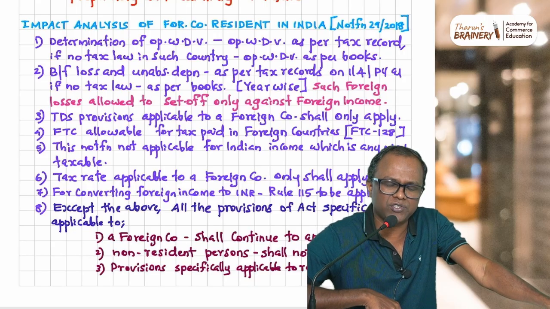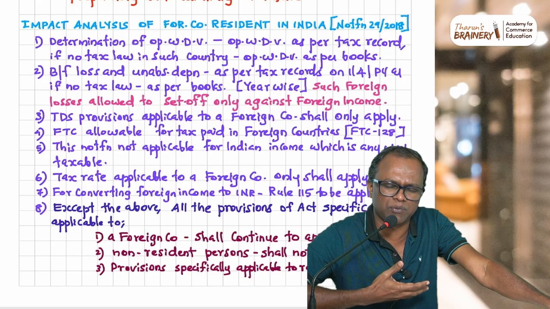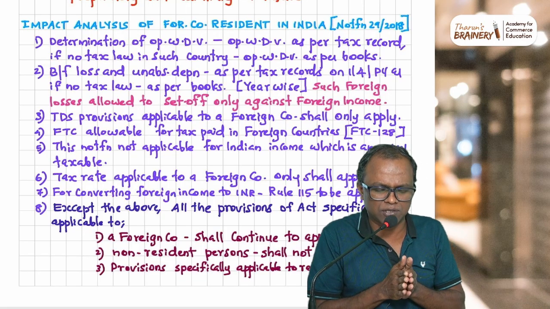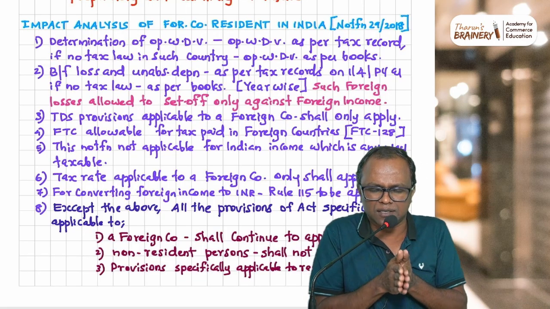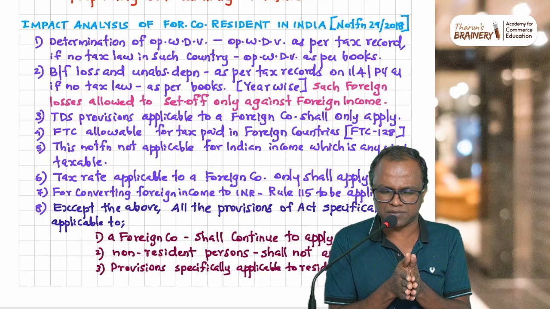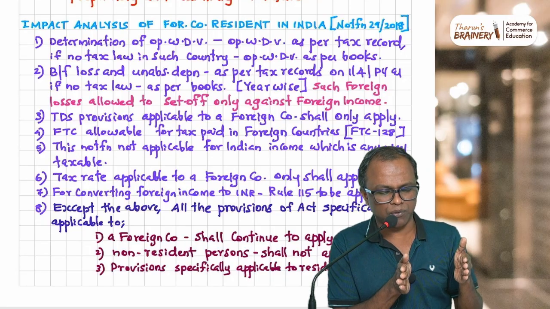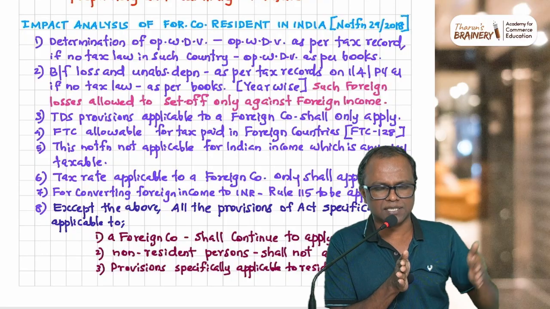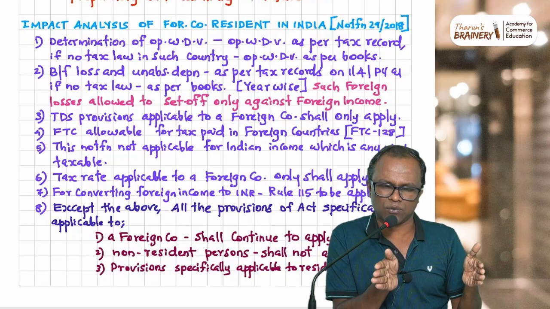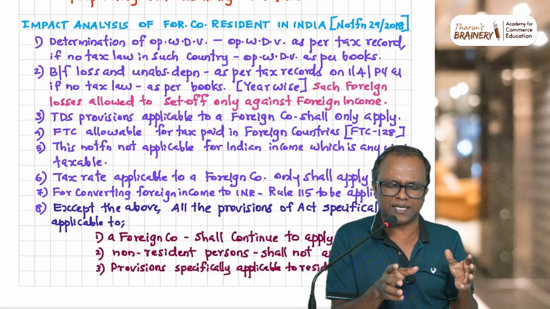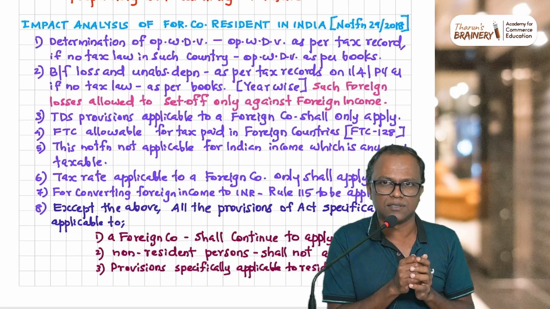And when there is a confusion, that is, sometimes a provision of income tax law is simultaneously applicable to a single transaction, two provisions will be applicable sometimes. For example, it is a foreign company, at the same time it is a resident. There is a provision which says that for a resident, this is the rule. For a foreign company, this is the rule. So there is a confusion because at a time it is a foreign company, at the same time it is a resident. So what will we do?